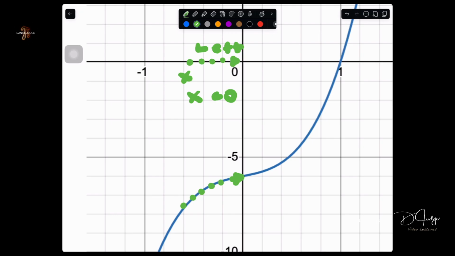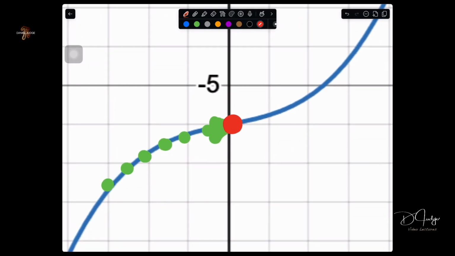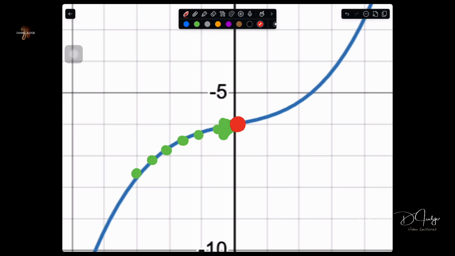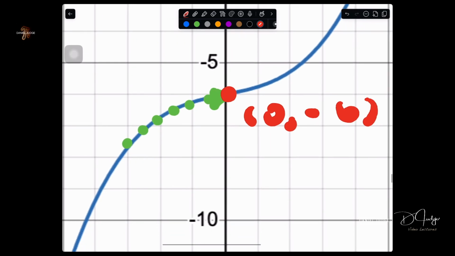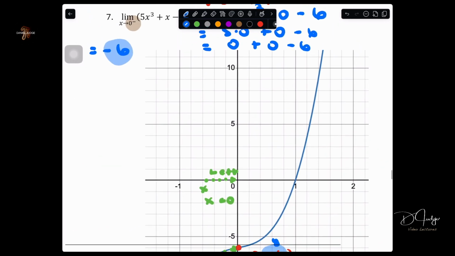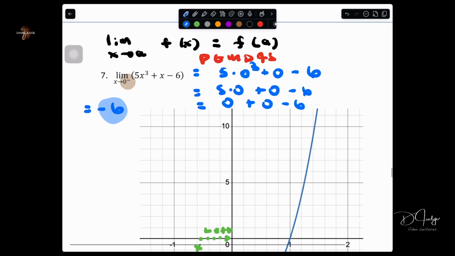So as x goes to 0 and gets closer and closer to 0 from the left, we approach this point on the curve, which will be 0, negative 6. So it looks like every one of these dashed lines is a negative number. And the limit answer is always the y coordinate. That's your L, it's the y coordinate value. So sure enough, the graph is consistent with what we see.